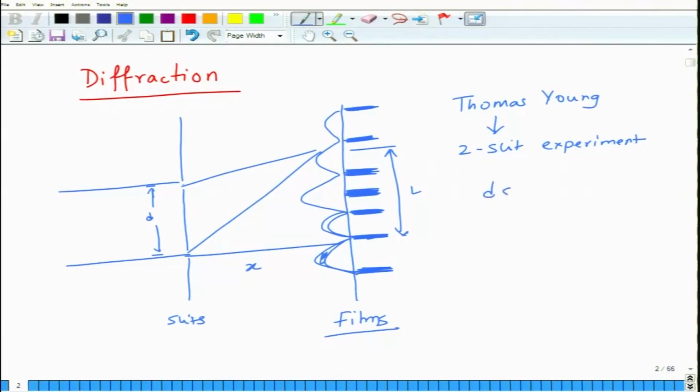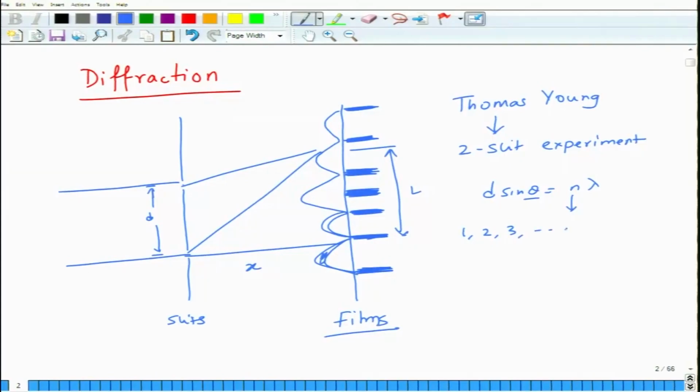What he found was d sin theta equals n lambda, where theta is the angle of diffraction and n is an integer. When n was 1, 2, 3, he had constructive interference, and when n was 1/2, 3/2, and so on, it was destructive interference.